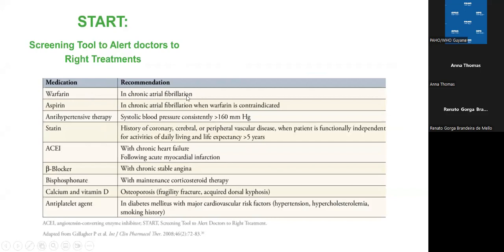Warfarin in chronic atrial fibrillation. Older patients are at higher risk for thromboembolic events. So unless there is a major risk of bleeding or a major contraindication, warfarin should be prescribed for patients with chronic atrial fibrillation. Of course, again, we have to consider vulnerability first, as I showed you earlier.